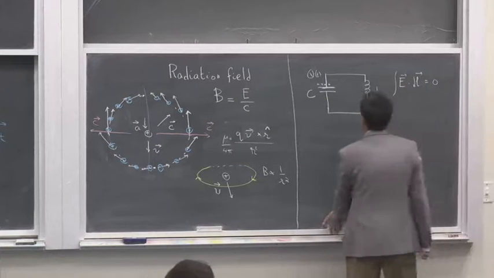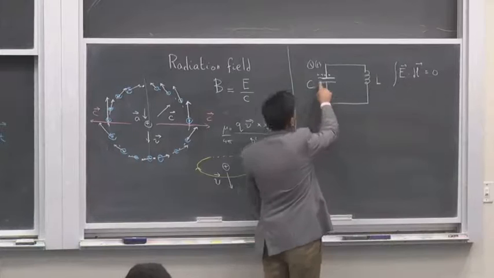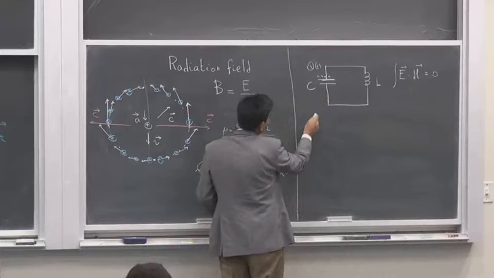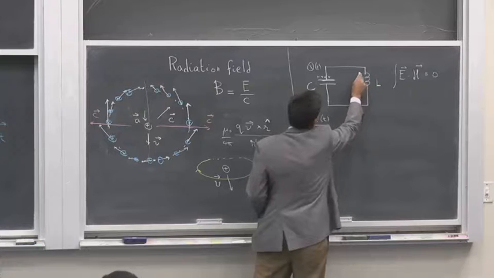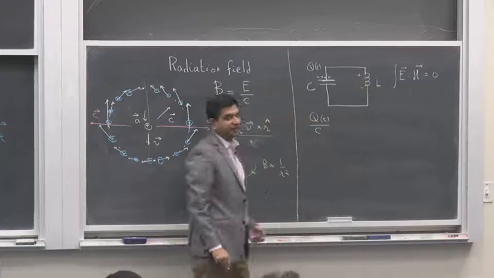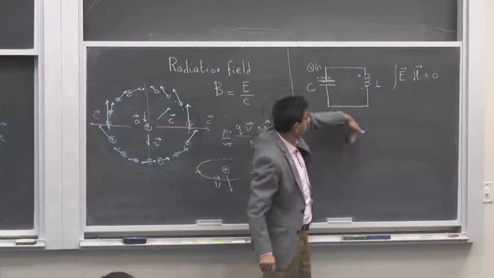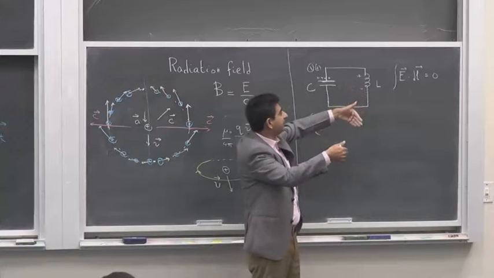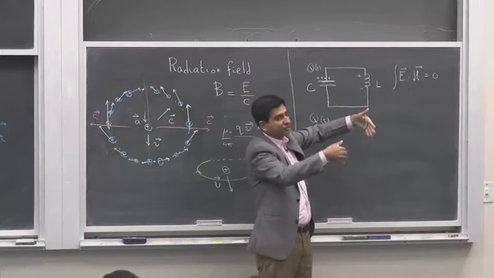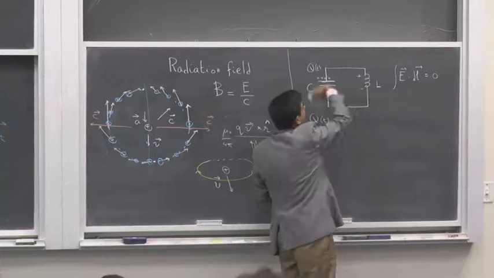Now if I take the potential rise across this capacitor, which is simply given by Q over C, there's an induced EMF here in this direction, because charge is flowing inwards. An induced EMF will try to produce a magnetic field which resists the flow of charge, so it has to produce an EMF in the opposite direction.